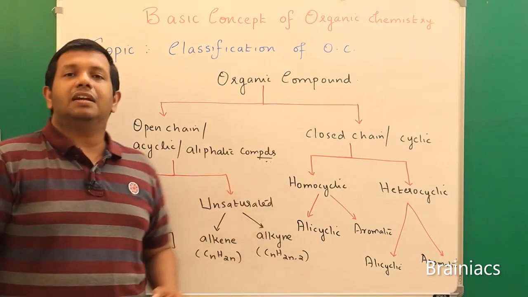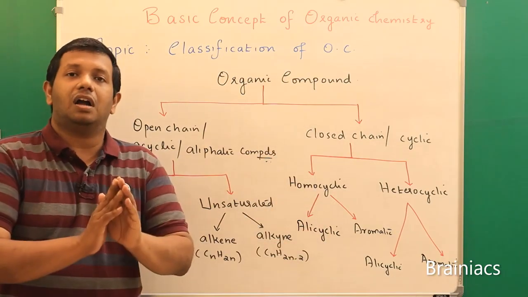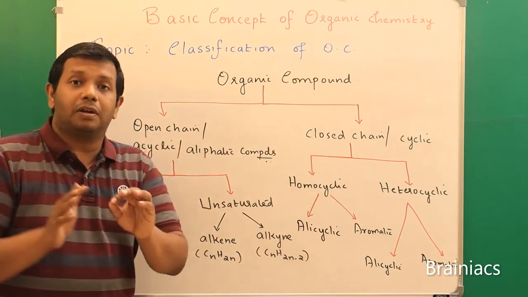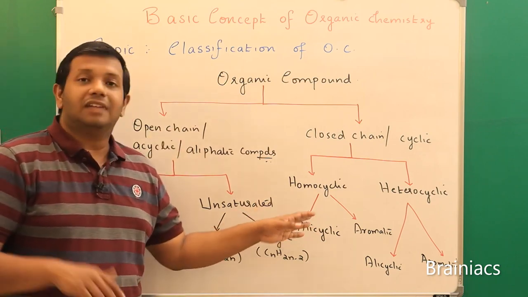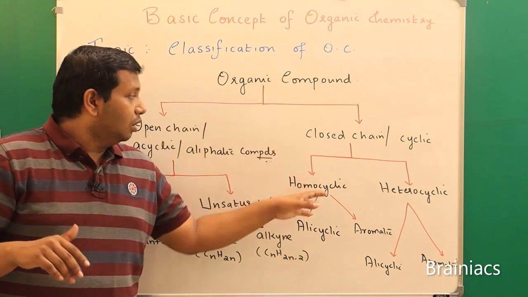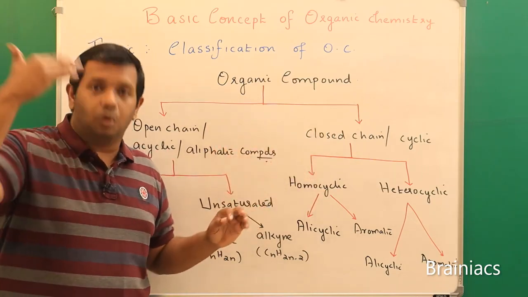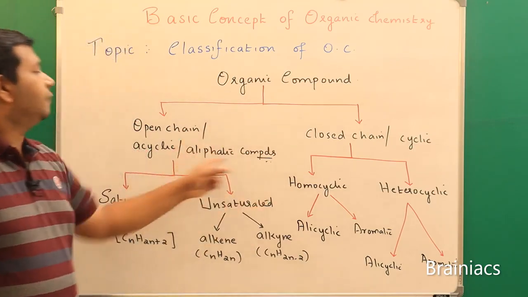Now alicyclic means very simple. These closed chain organic compounds have similar properties to aliphatic compounds. So alicyclic, homocyclic or heterocyclic closed chain organic compounds are those compounds which resemble the properties of aliphatic compounds.